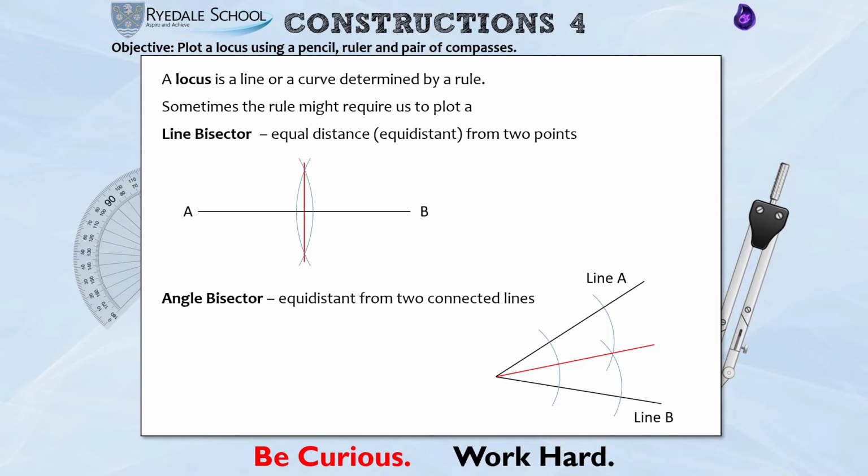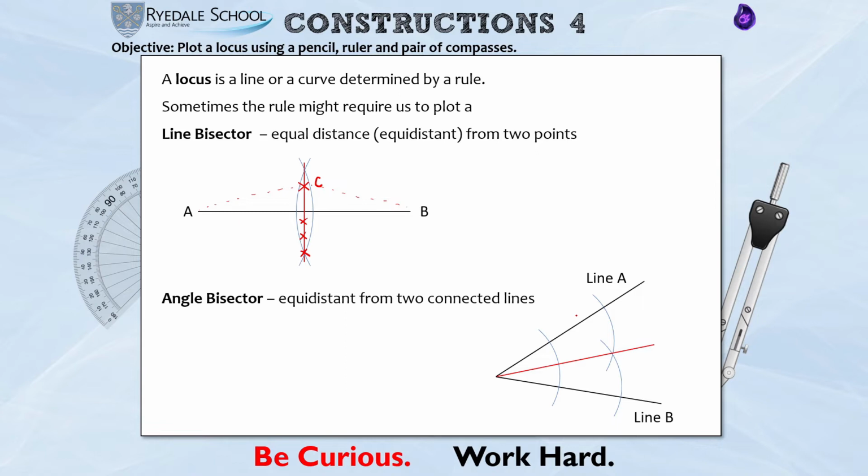So in a line bisector, this red line, if I take any point on this line, say I call that C, that is an equal distance between A, and it is also an equal distance between B, and it wouldn't matter whatever point I picked on that line, it would be an equal distance between A and B. So if you see in some of the questions later on that we try, it talking about a pathway or a locus that is an equal distance between 2 points, we are going to be constructing a line bisector.